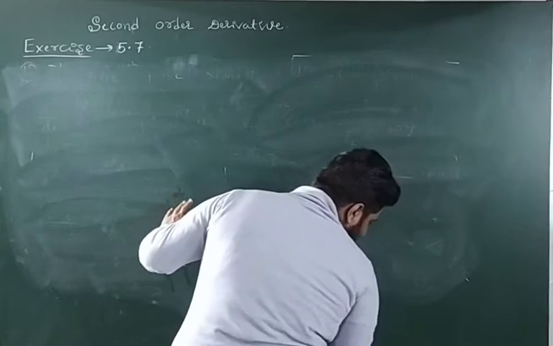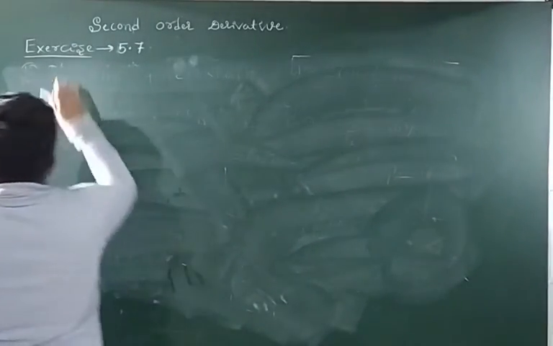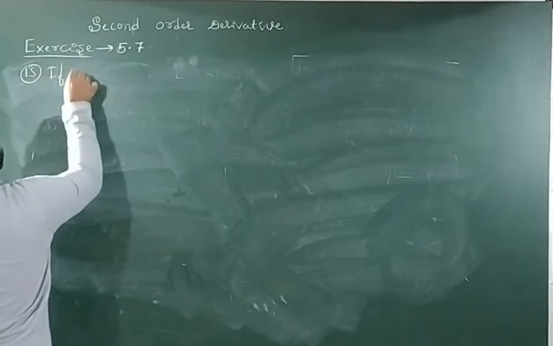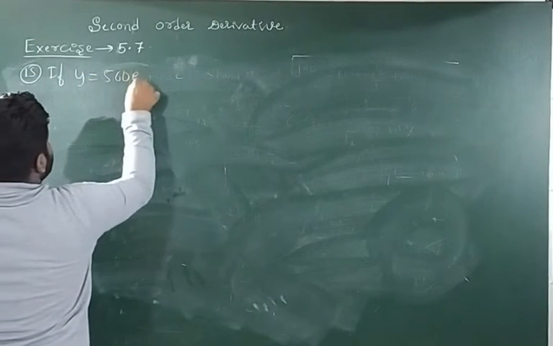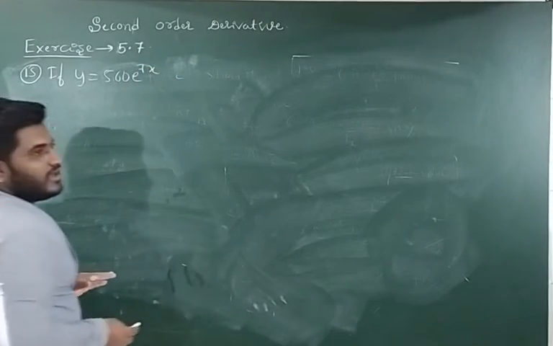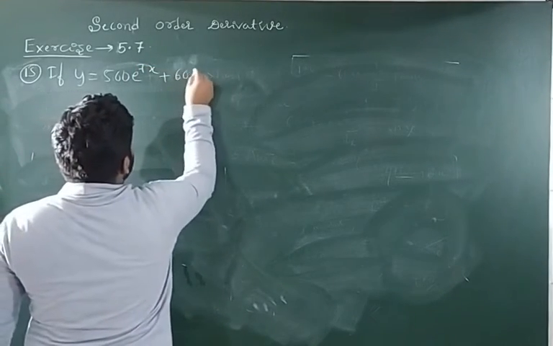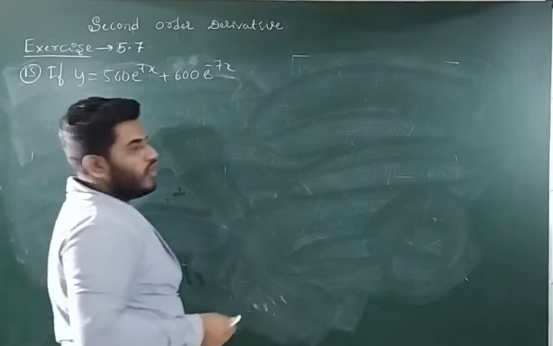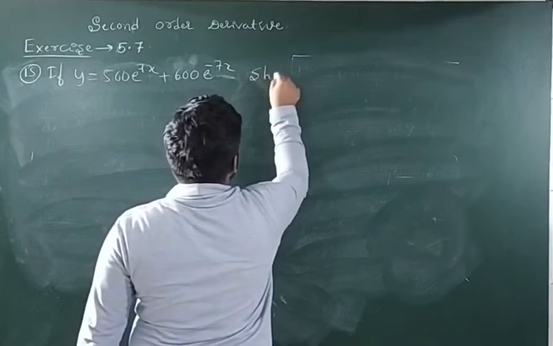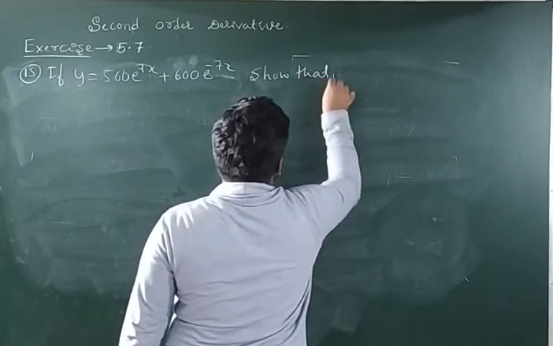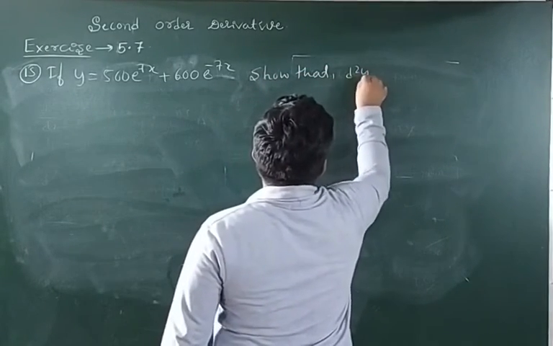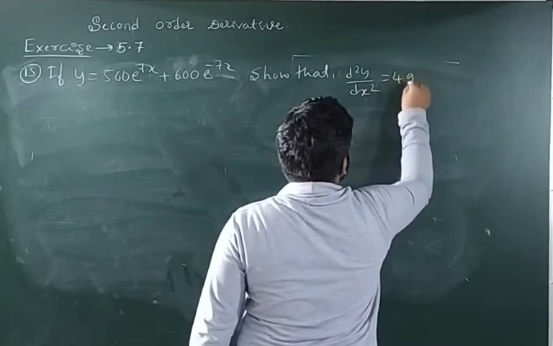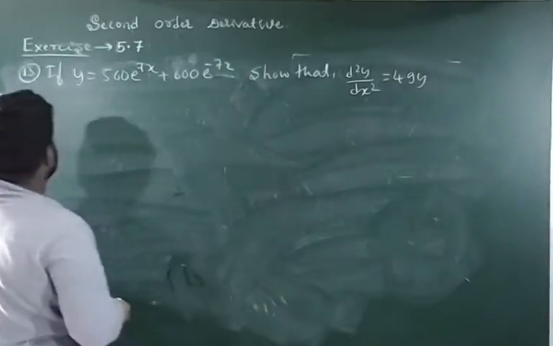Question number 15 is: if y is equal to 500 into e raised to 7x plus 600 into e raised to minus 7x, show that d square y by dx square is equal to 49y. So this is question number 15.